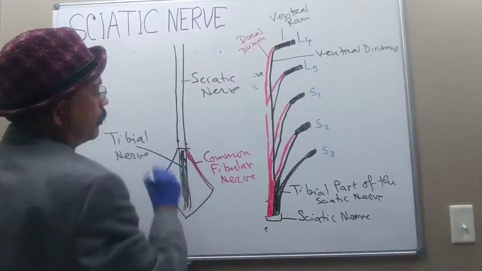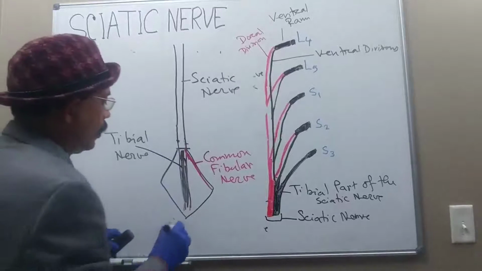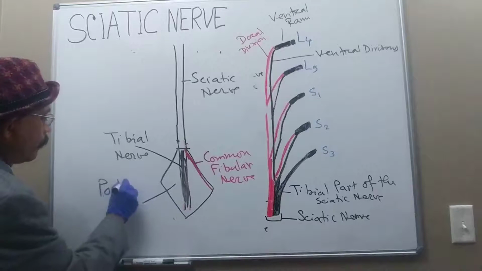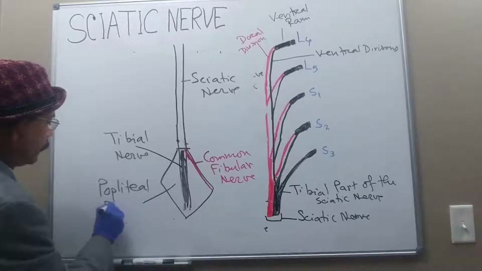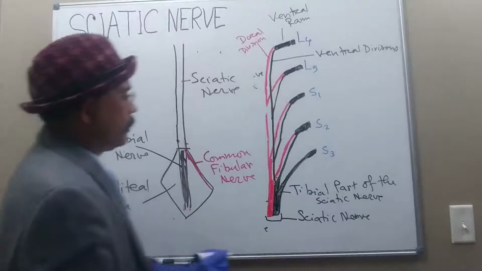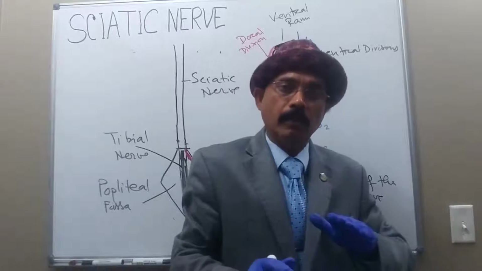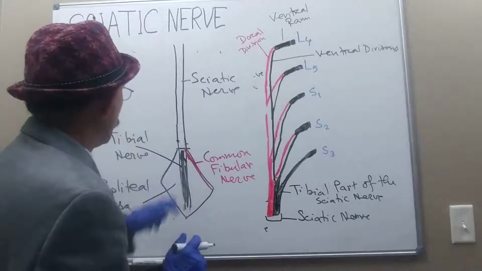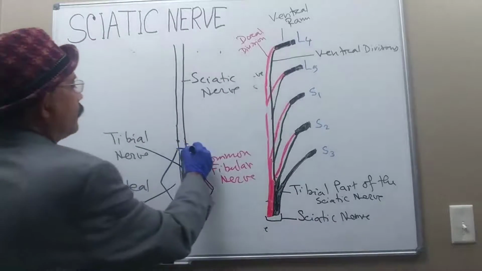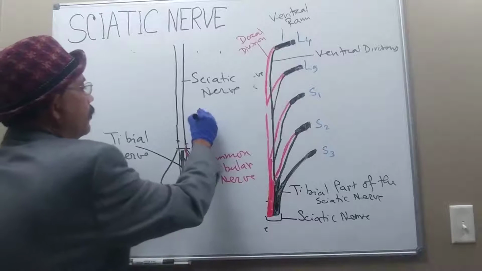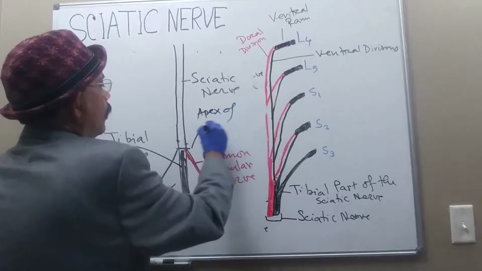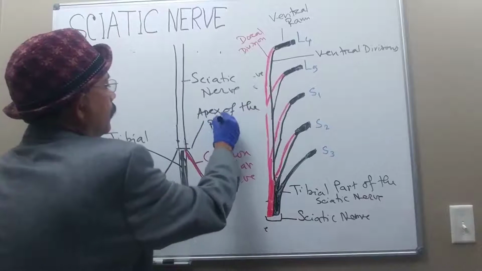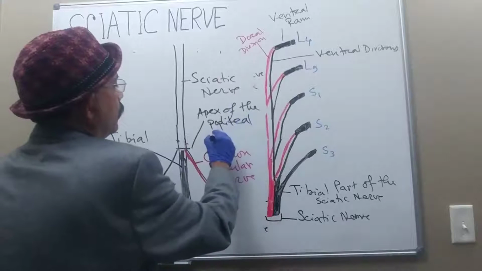Where this division takes place, the apex of this area is called popliteal fossa. So where is the landmark for popliteal fossa apex? This is the apex of the popliteal fossa.